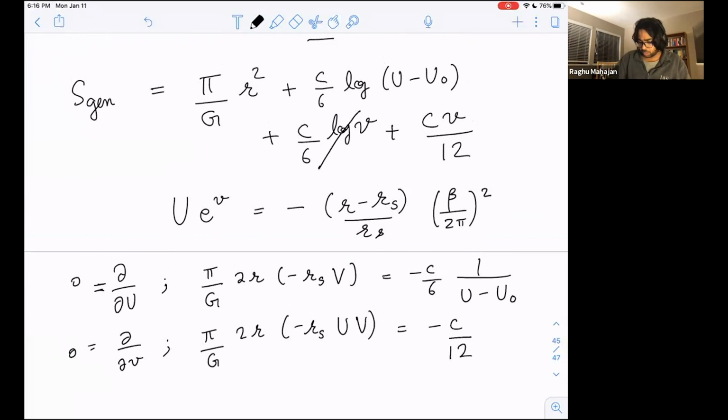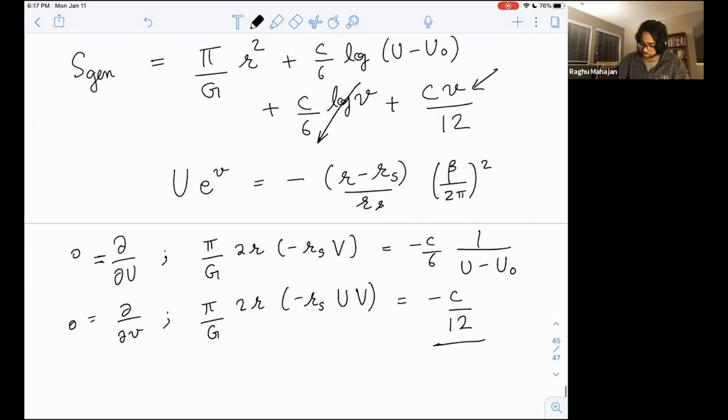This term actually does not contribute any derivatives, because when you take the derivative, it becomes 1 over v. And we expect that at the QES, the v is going to be large. We can check it by self-consistency, because v, remember, is going to be roughly proportional to the scrambling time, and that's large. It's large because there's a log of 1 over G Newton in it. So this minus c over 12 basically comes from the d/dv of that term.